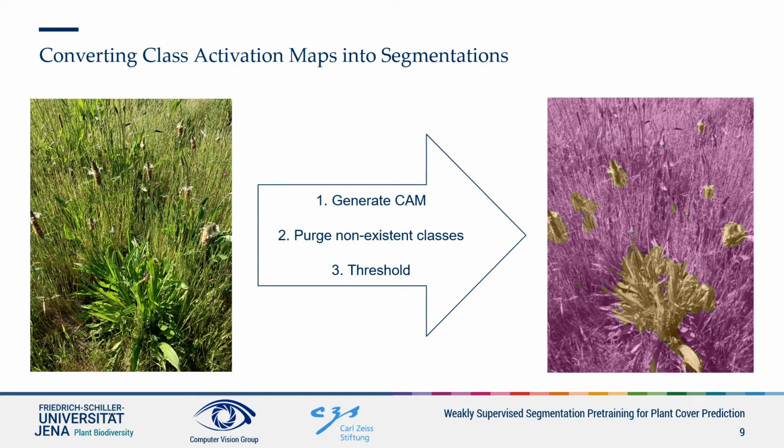Therefore, we can simply remove the irrelevant classes and purge them from the class activation maps, which leaves us only with the class activation maps of the class in question. And we can then simply binarize it by thresholding into foreground and background, so that we have simply the segmentation of the plant, like the image you can see on the right side.